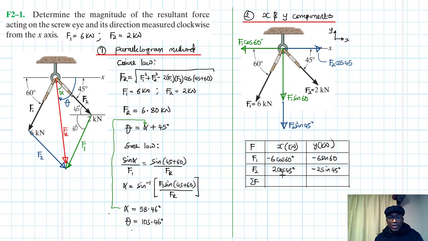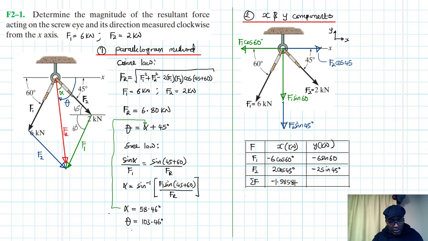Then the summation, of course, we're adding up this like so, and then we add up also there like so. So let's sum them up. So we have minus 6 cos 60 plus 2 cos 45 gives us a minus 1.5858. The final answer will have 2 decimal places. The reason I'm using 4 is just to maintain the accuracy.